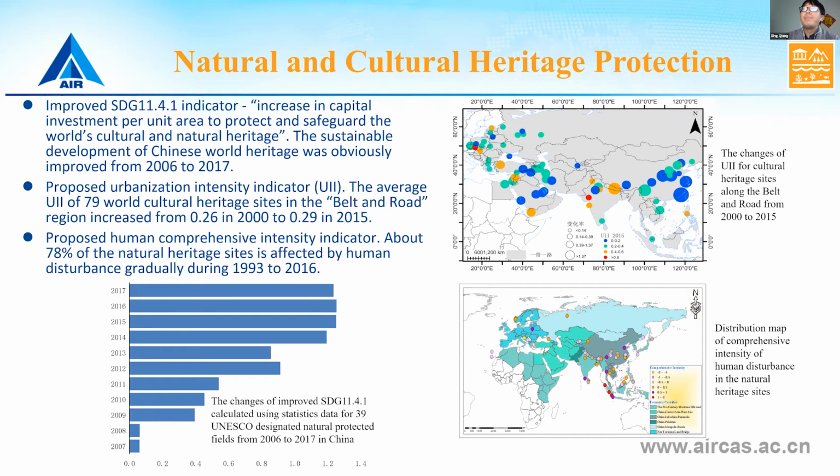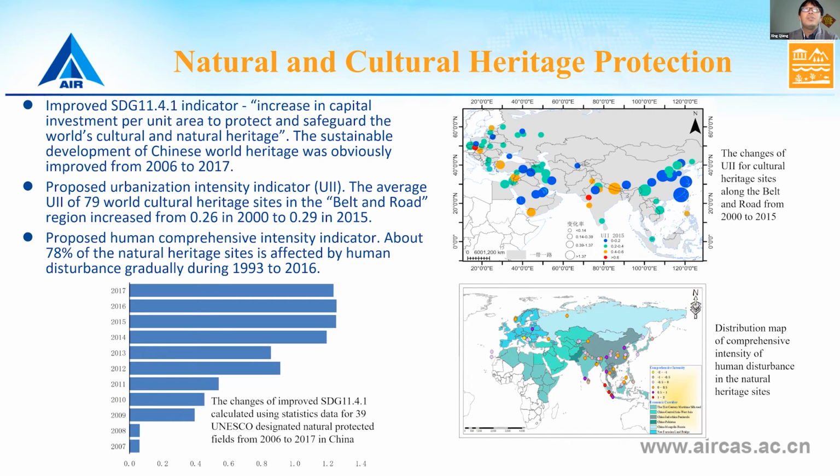And the chart on the right shows that the average of the proposed urbanization intensity indicator, covering 79 world cultural heritage sites in the Belt and Road region, increased from 0.26 in 2000 to 0.29 in 2015.